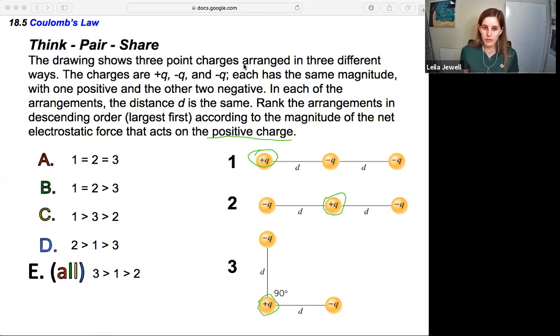All right, now that we've figured that out, what are the forces that each of these positive charges experiences? Well, let's just start with the direction. So for arrangement 1, what direction of force will it experience due to this first negative charge? Well, it's going to feel a force to the right.